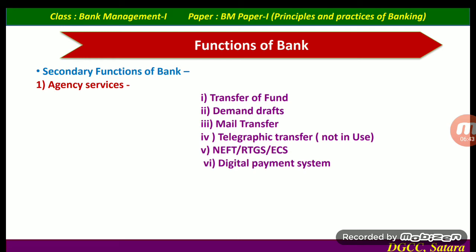Before the advent of computer, mail, and internet, this was the fastest way to transfer money. In the case of telegraphic transfer, the fund is quickly transferred because the message for transfer is communicated through telegram. It is outdated now because the Indian Post has stopped telegraphic services.